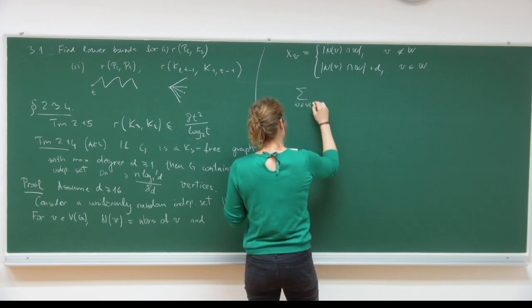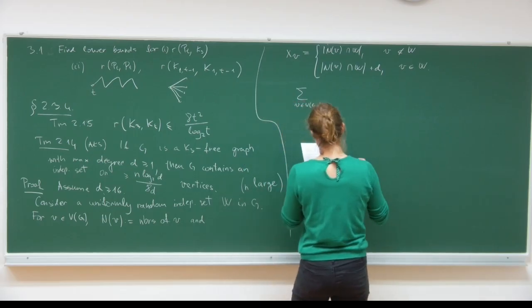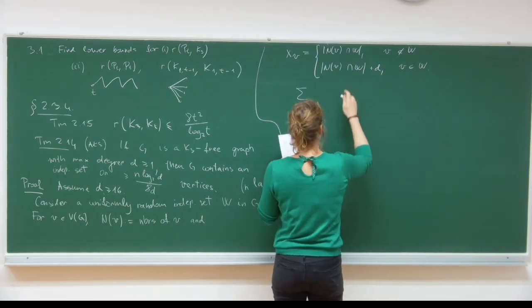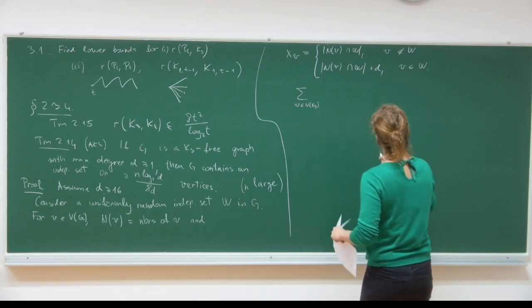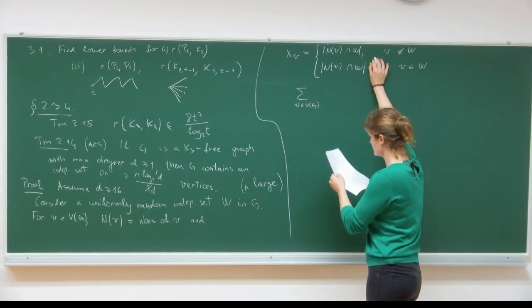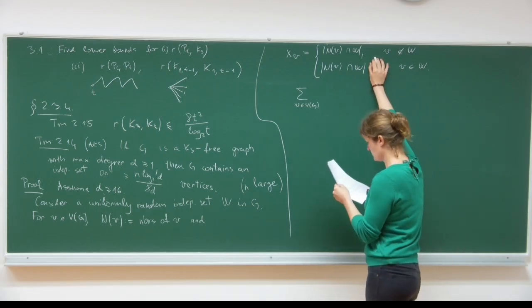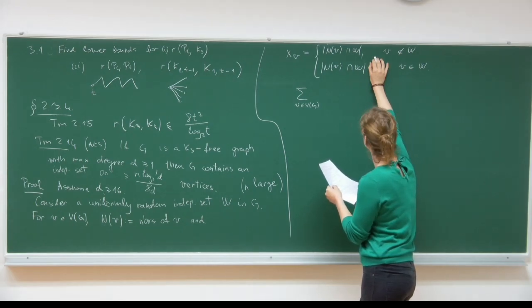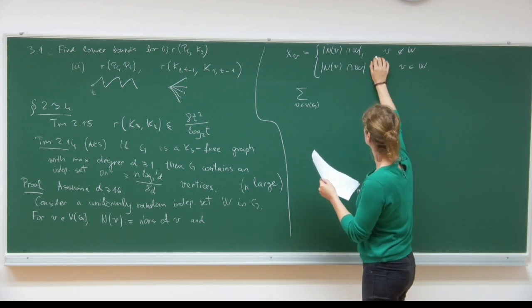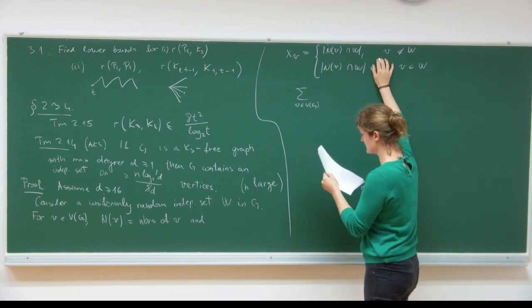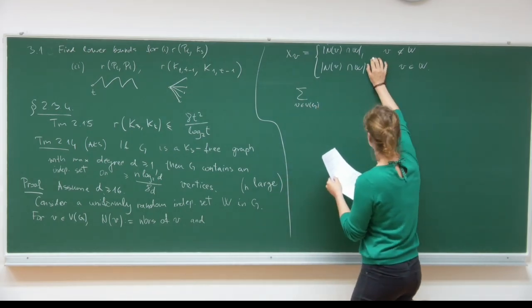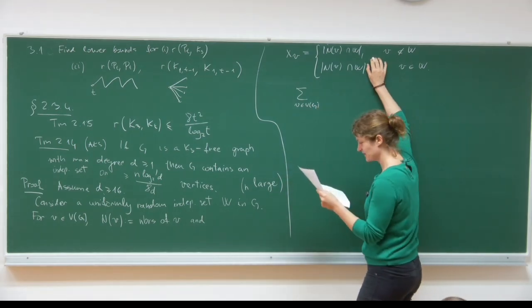So if we sum these xv's over the vertices, well, the contribution of this will be the sum over all v's of the number of neighbors of v inside this independent set, which we'll reformulate via double counting.